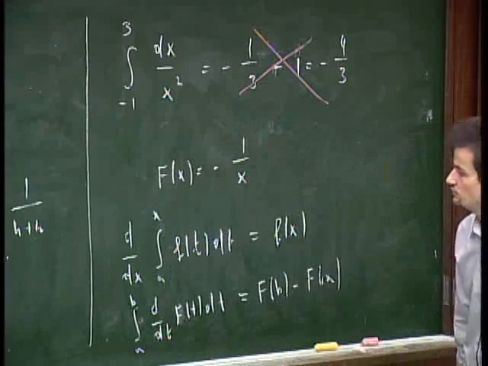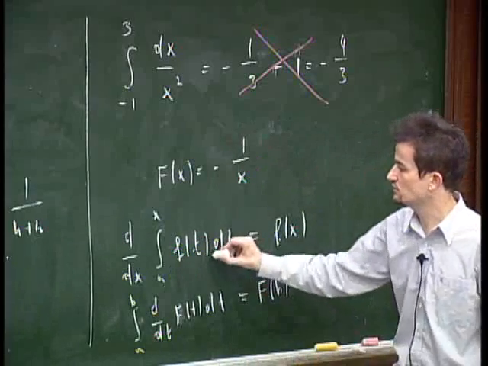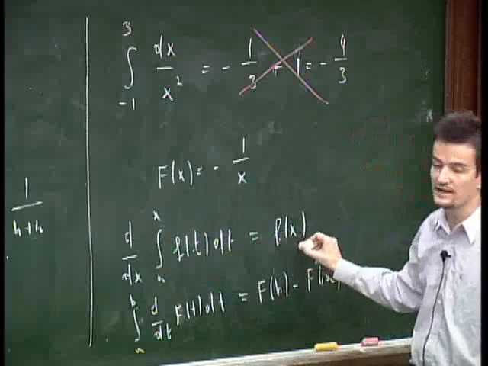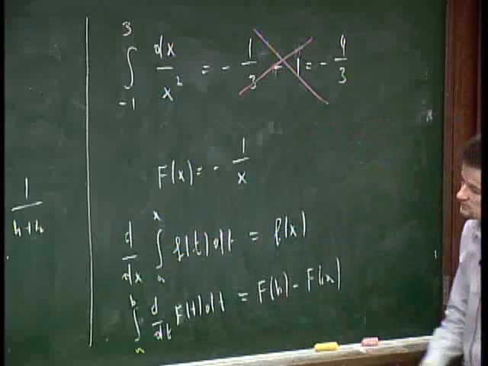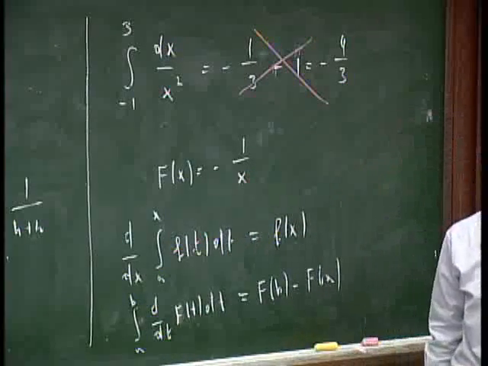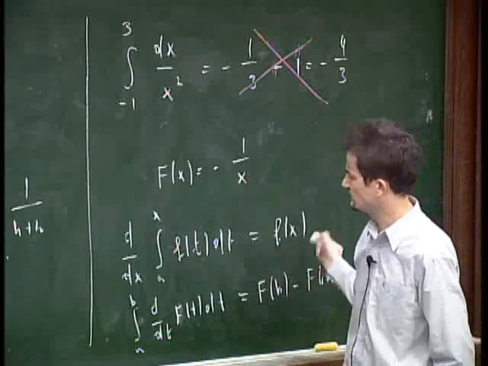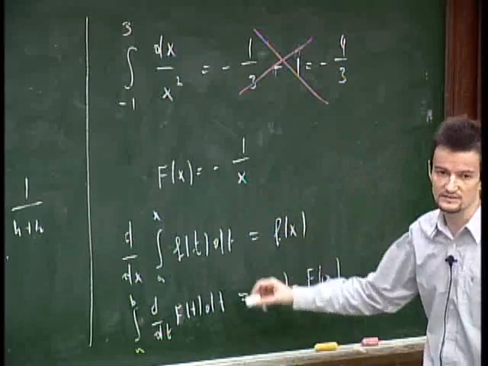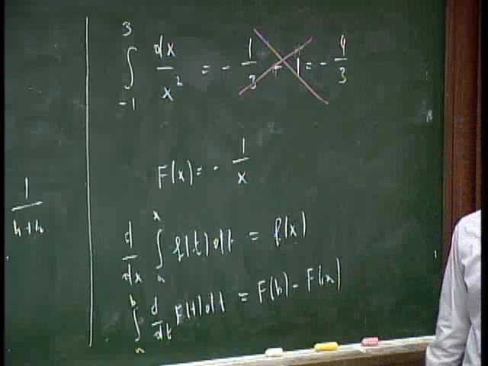So if you start with a function, you first take the integral and then take the derivative, you are back to the original function. And if you start with a function and you first take the derivative and then the integral, you are also back to the original function. And in high school, normally integration and differentiation are defined like this, as inverse processes.